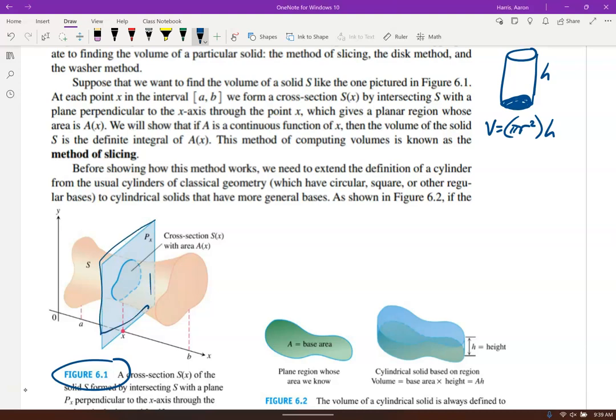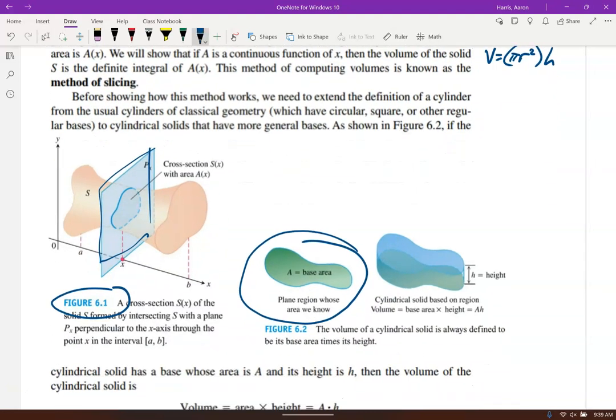You see how we've got this plane slicing through, like slicing a piece of bread, and you have this base area. We're going to split this up into all these slices, slicing, slicing, slicing, and then sum up all these pieces of bread.